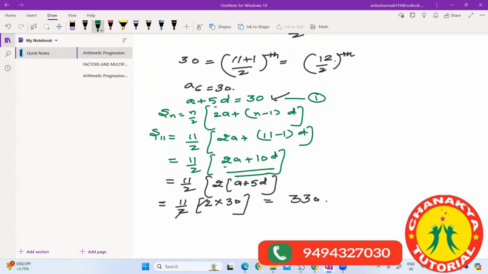How did we get the answer 330 in the end? See, the value of a plus 5d, from the sixth term, we have 30. From equation 1 you can write. So I have put the value of a plus 5d here, 30. So from equation 1 we got that a plus 5d is 30 and then we substitute. Okay, ma'am. Got it.